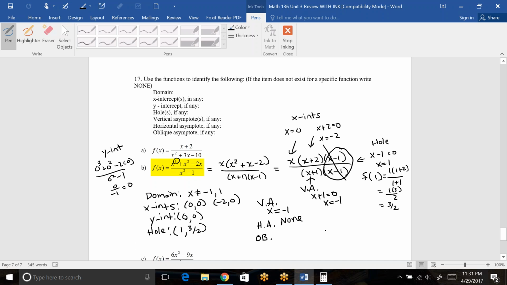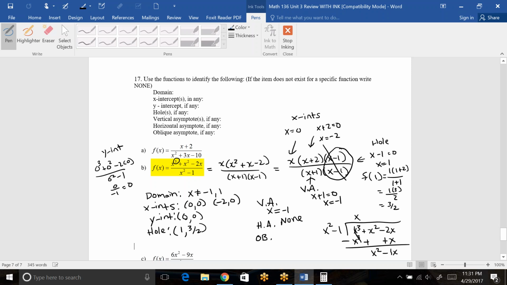To find the oblique, you have to do long division. So x squared minus 1 into x cubed plus x squared minus 2x. X goes into x cubed x times. That makes x cubed minus x, since that part doesn't have a match. Combine that by changing the signs and bring everything down.